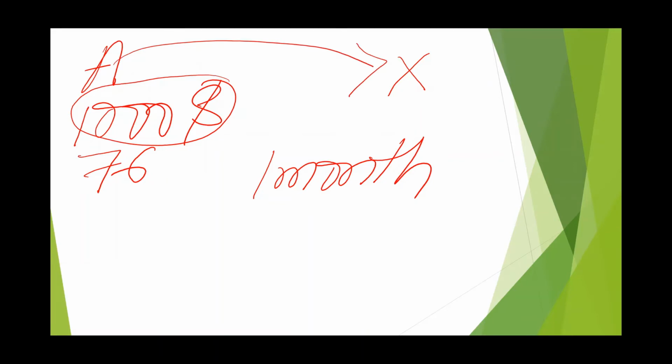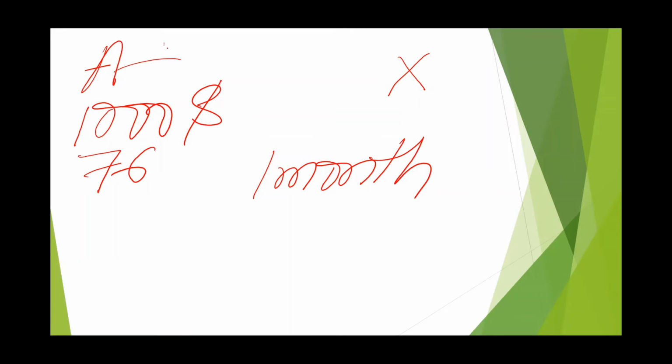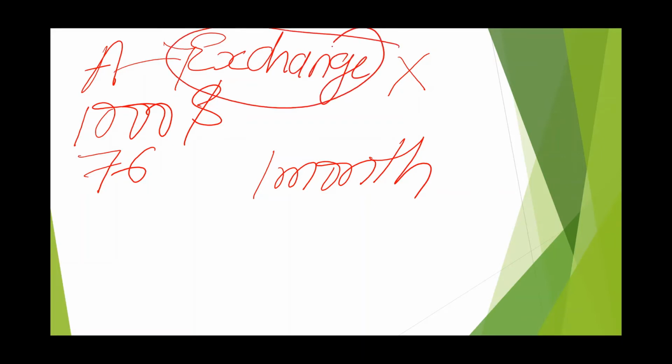That is the forward contract. No issue. But coming to the future, here you cannot directly make a contract with X person. Here you need to make a contract through the exchange only. That is the first difference between the forward and the future.